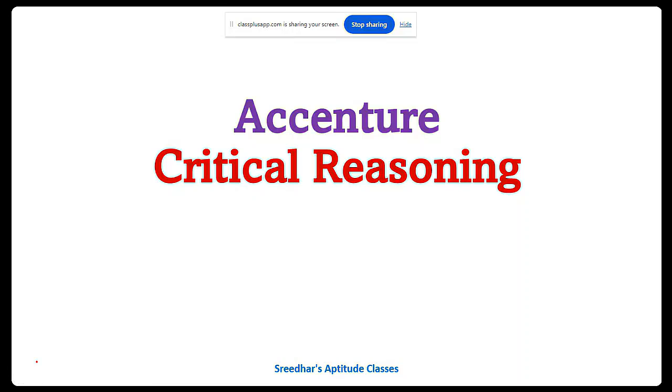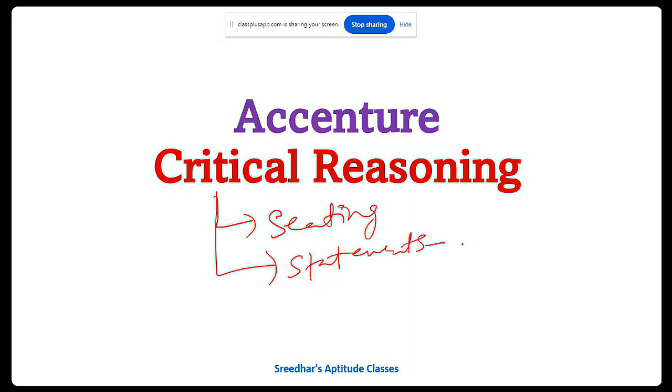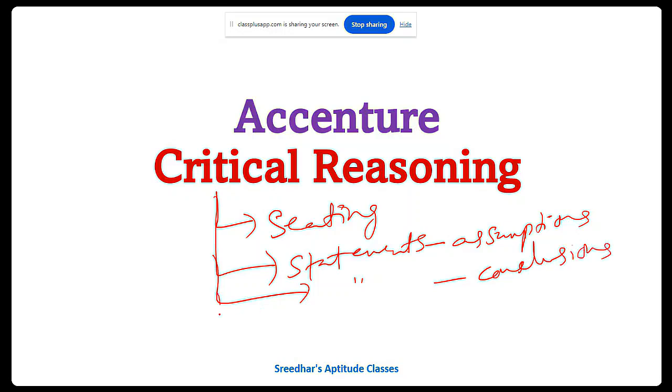So today we are going to discuss critical reasoning questions. Critical reasoning includes seating arrangements, and it includes statements and assumptions. It also includes statements and conclusions, and statements and arguments.